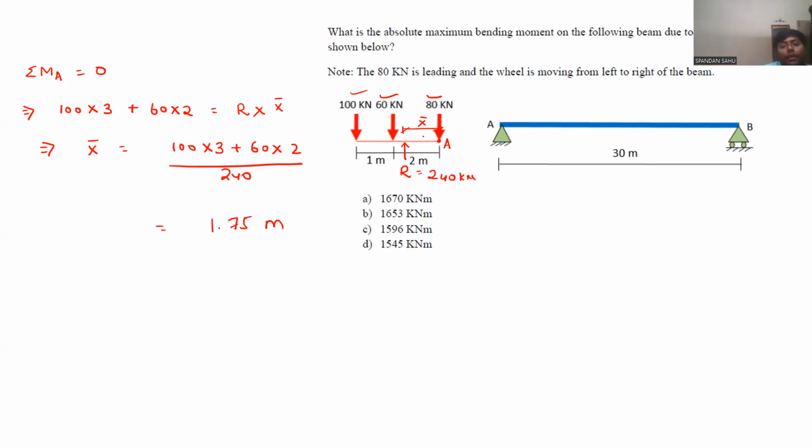This is 1.75. So this X bar is 1.75 meter from this point A.